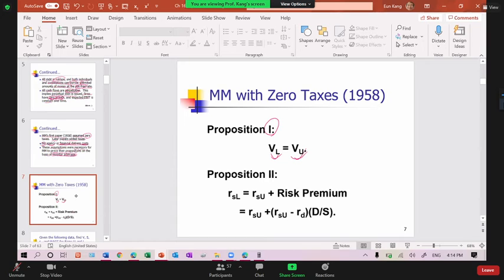Then proposition 2: the cost of equity of the levered company, RSL, is the cost of equity of the unlevered company, RSU, plus a risk premium. And the risk premium is RSU minus RD, where RD is the cost of debt, times D over S. So that's their proposition.